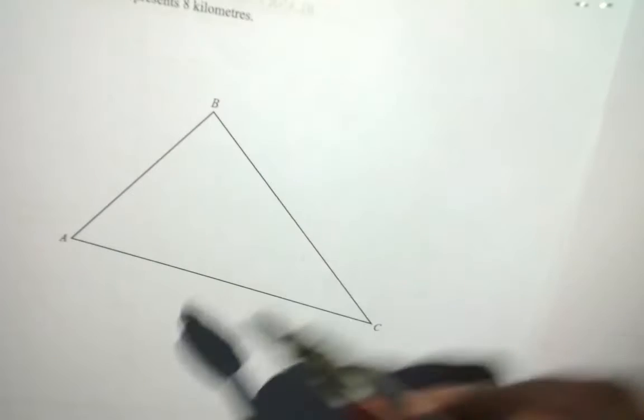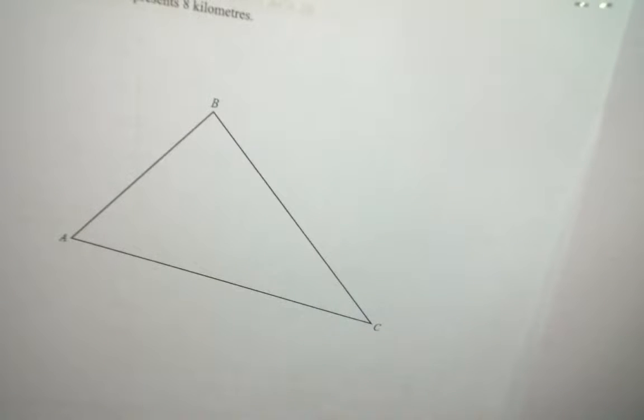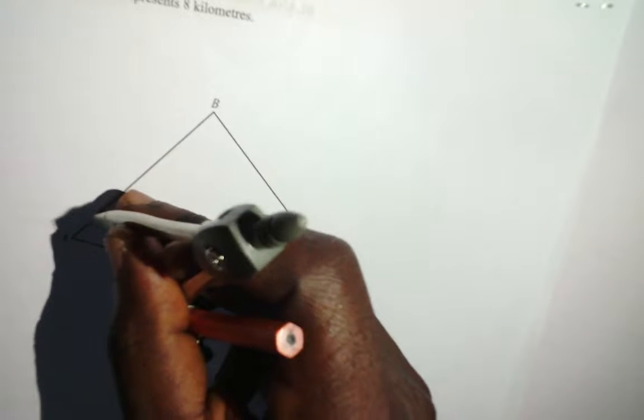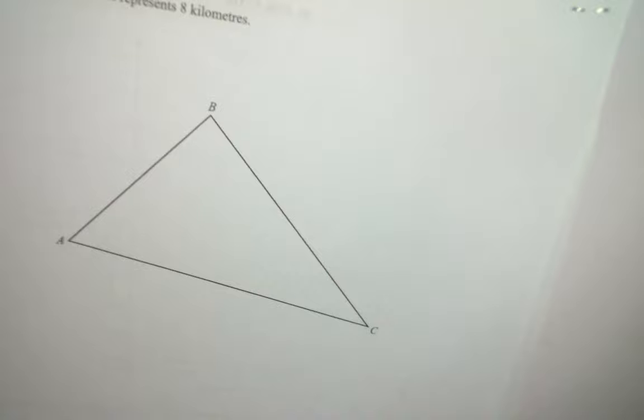Using a straight edge and compasses only, construct the bisector of angle BAC. Angle BAC is this very angle here. That's BAC. So we are referring to this angle here.